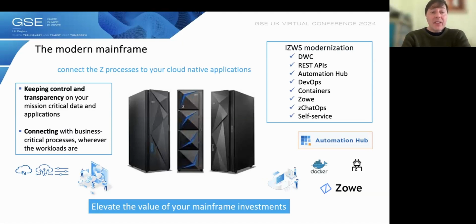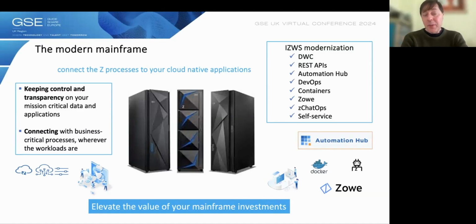But with our solution, you can also connect your business critical processes with other workloads, wherever they are. So it's very important in our strategy to connect the Z processes with other applications, in particular cloud-native applications.